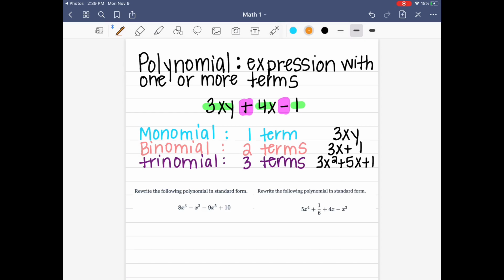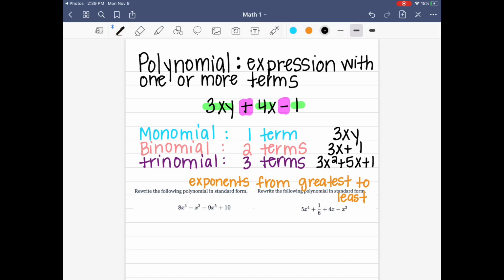So to put it in standard form, you're going to order your exponents from greatest to least.